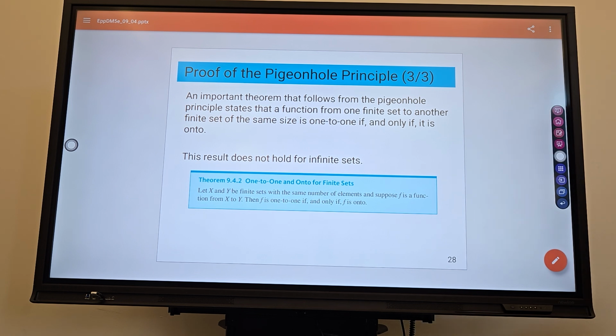Basically, onto means, if I'm recalling correctly, each element of x corresponds under the function f to a distinct element in y with no duplications. I believe that's it.